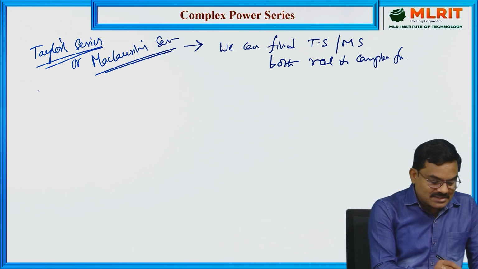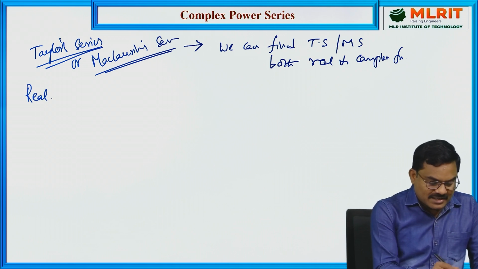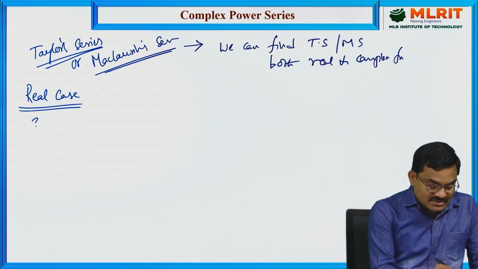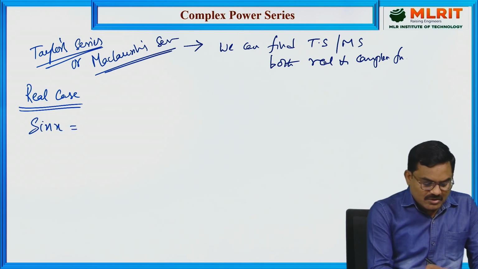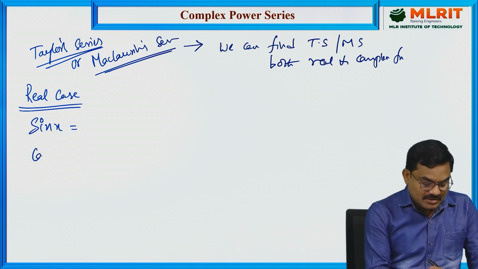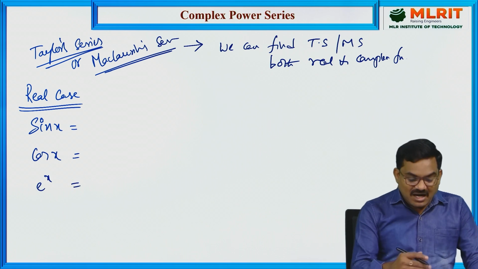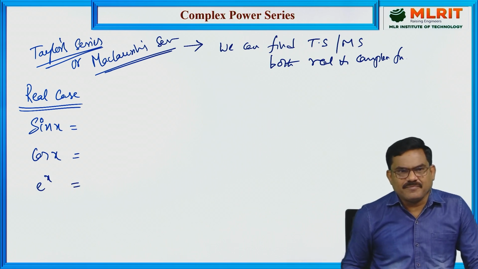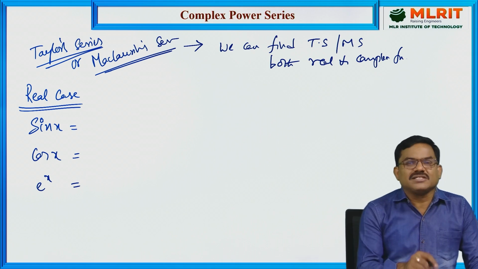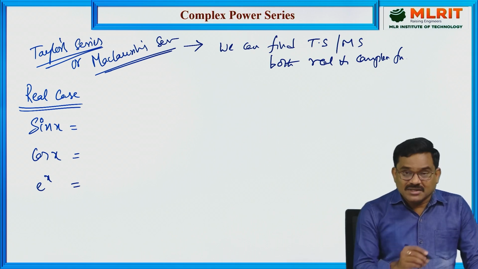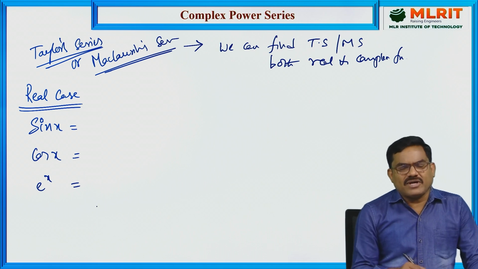So let us consider the real case, the known expansions. Sin x, we know the expansion of sin x, cos x, e power x, all these are the Taylor series expansions itself. In particular, the Maclaurin series expansions about x equal to 0 are in powers of x. Sin x, cos x, e power x and so on.